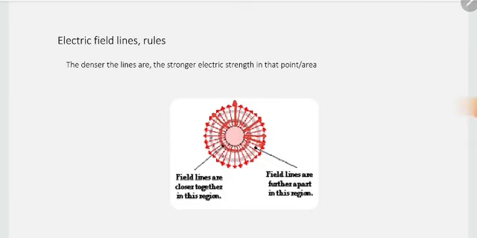As compared with the outer, kung saan ayan, naglalayo-layo na sila sa isa't isa. The density of the lines also represent the inverse square relationship between distance and E, or E field strength. Diba? The closer you are from the source, the larger electric field strength it is, or there is at that point. So you can see that on how close the field lines are in the region close to the source.